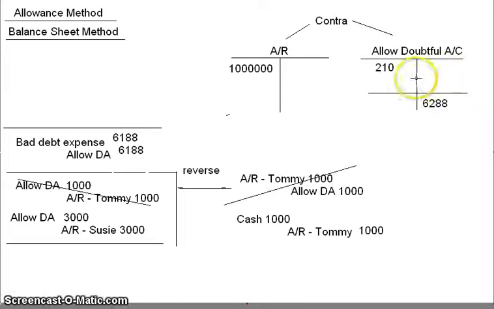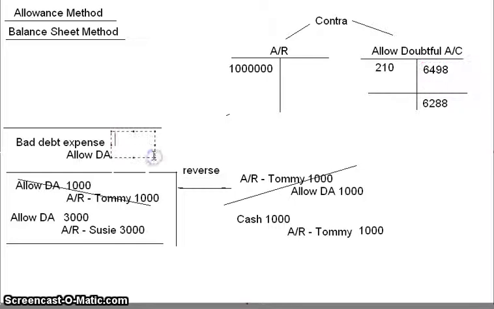To make this happen, you have to calculate what amount would have to go in here as a credit to leave you a $6,288 final credit balance. If you do this, the number is going to be $6,498. So $6,498 minus $210 would give you your $6,288.